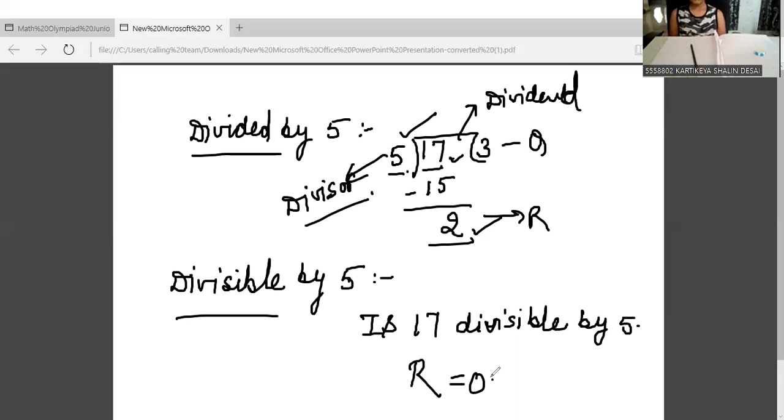Correct? So if I ask you, 4 is divisible by 2, you will say yes. If I ask you, 384, is this divisible by 2, Amika? Yes, exactly. So use these two terms carefully, right?